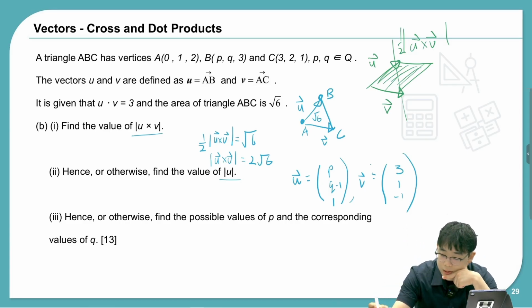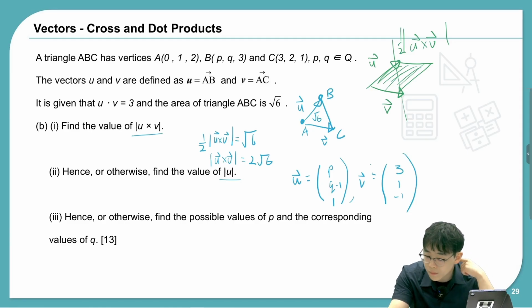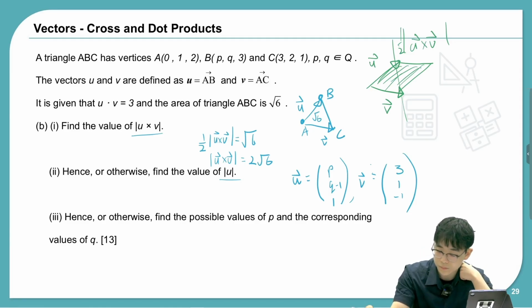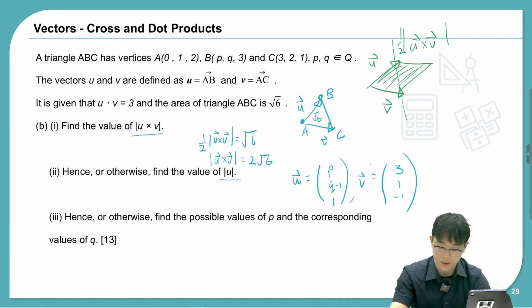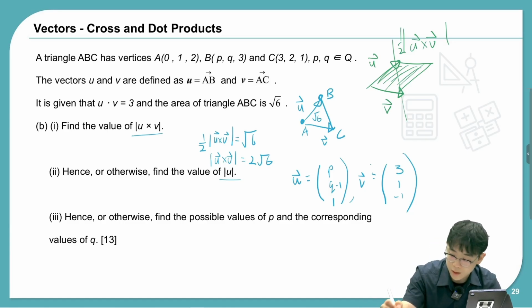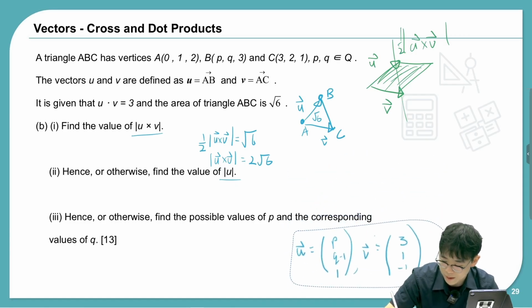And what we could say is, if we have u dot v, so actually we can now use the equation from earlier. Actually, we're going to use this in part 3, so no need to worry about that right now.